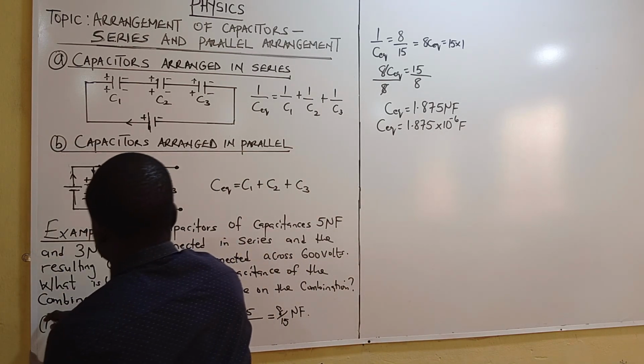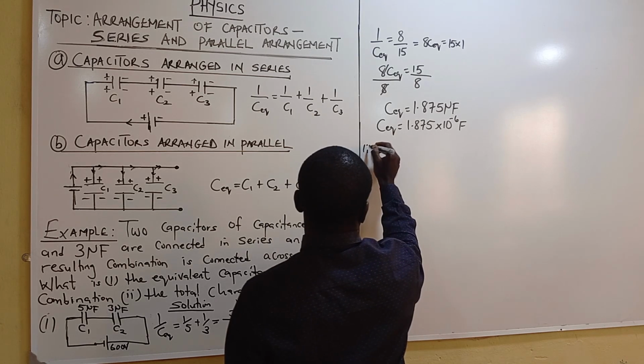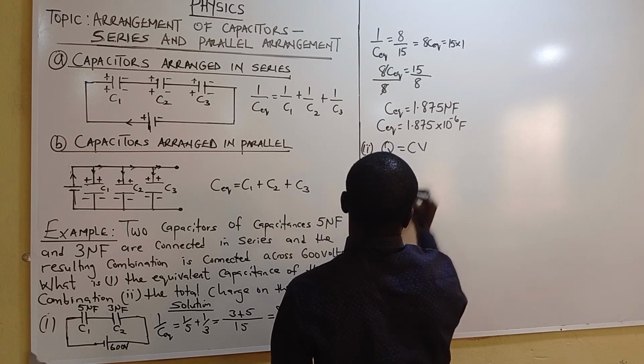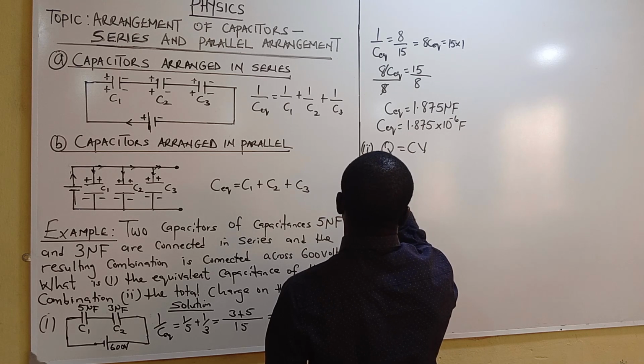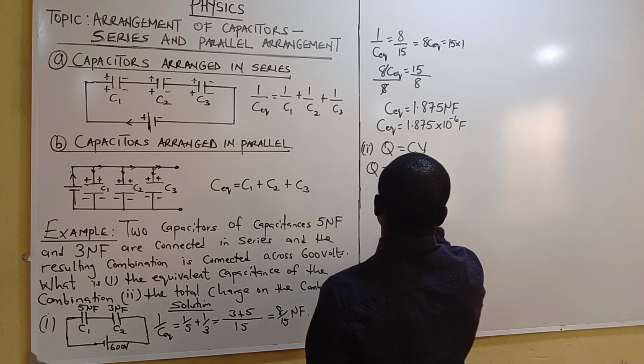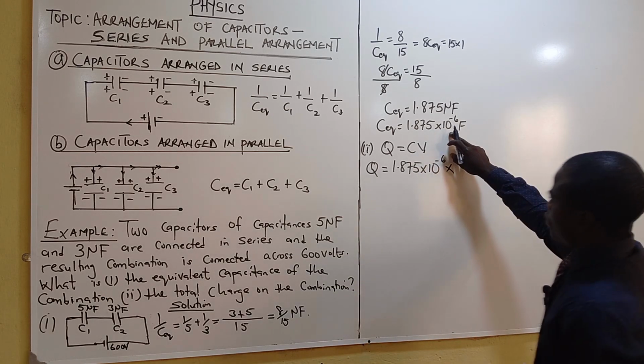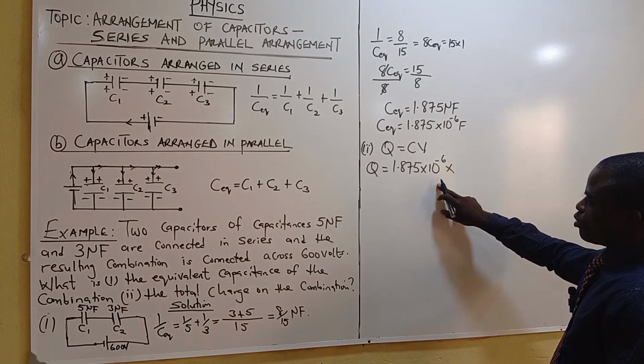The second part is charge equals CV. And what's our C? 1.875 times 10 to the power minus 6. You have to convert it to this because we want to use it in the next question.